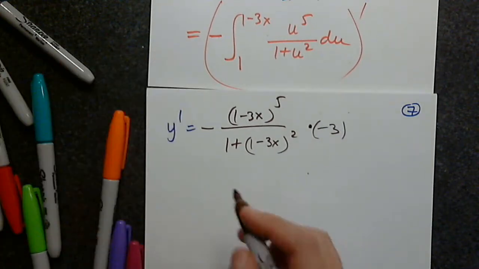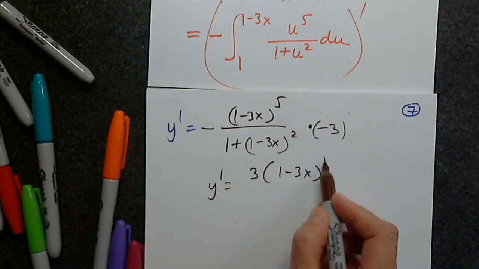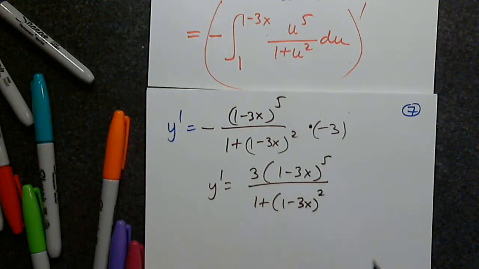So therefore the answer will be y prime is 3, parentheses 1 minus 3x to the 5th, over 1 plus 1 minus 3x to the 2nd power. You don't have to do anything else to this. So we were given a function in the form of an integral and we were able to differentiate it to find its rate of change if you want.